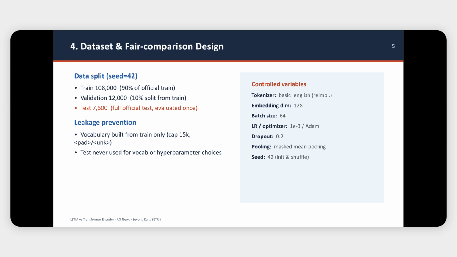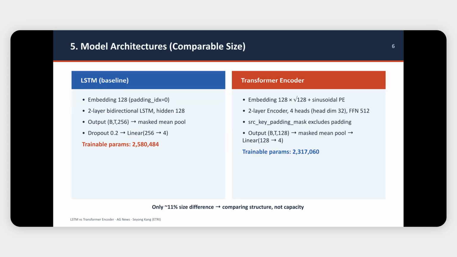On the right are the settings kept the same for both models. Most importantly, the same seed for each one means both start from the same point and see data in the same order. So any gap comes from the design, not luck. Both models have two layers, turn each word into 128 numbers and use masked mean pooling, leaving out padding, to make one vector per sentence before choosing a topic.